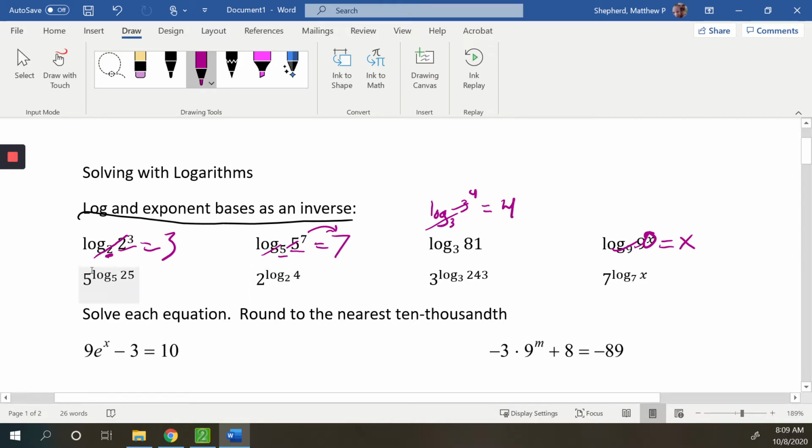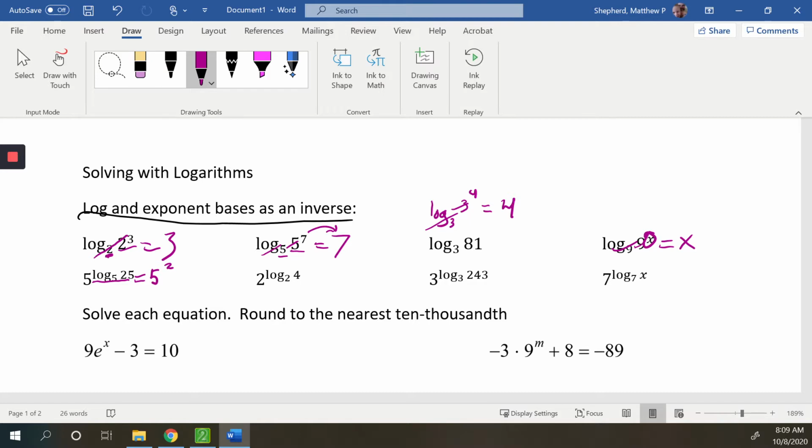Okay, so let's look at these. Now we're going to evaluate several of these pretty easily. We'll use a couple steps. So first I'm starting with just that exponent up there. So 5 to the power of what would equal 25? Well, the answer would be 2. So log base 5 of 25 is equal to 2.